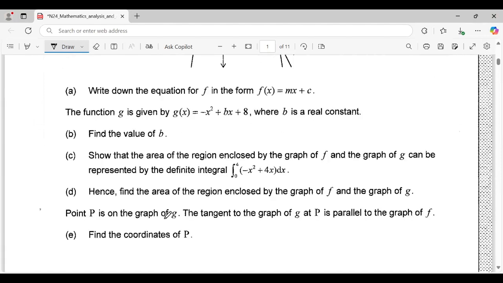Point P is on the graph of G. The tangent to the graph of G at P is parallel to the graph of F. Find the coordinates of P, right?